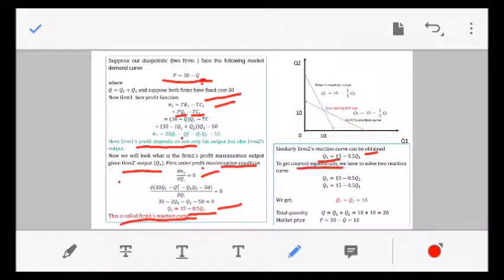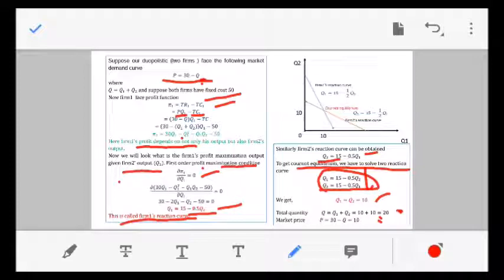To get the Cournot equilibrium, we solve the two reaction curves, farm 1's reaction curve and farm 2's reaction curve. If you solve these two, we get Q1 equal to 10, Q2 equal to 10, and total quantity will be 20. Okay, so what is the market price?